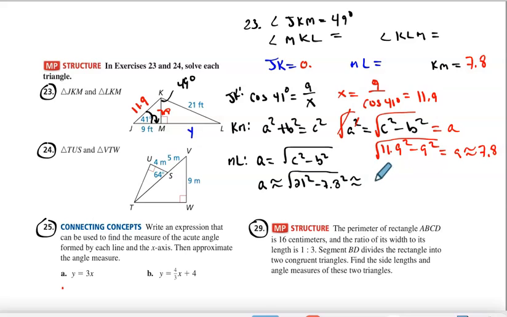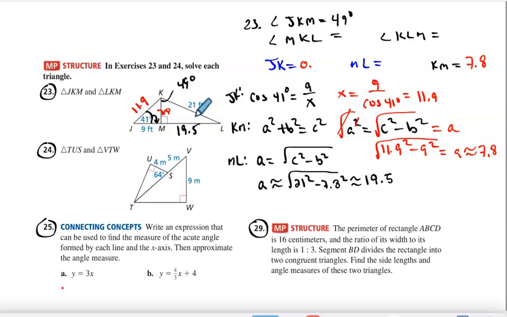That's about equal to 19.5. So I'm rounding all these, so there might be a little error in rounding, but more or less that's what it's going to be.